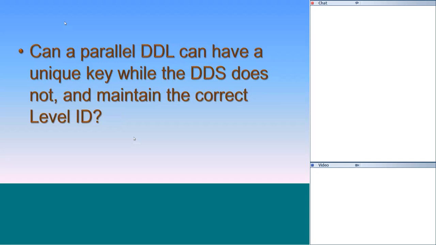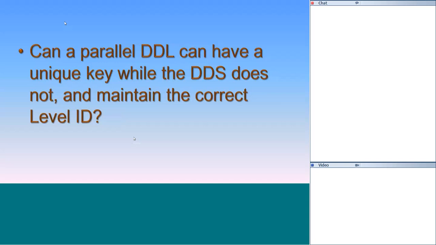I can then change the key and add more fields to the key, and all of those combinations will give me the same level ID. The key has no impact on the level ID. In fact, no primary key constraint, no unique key constraint, no referential constraint or check constraint affects the level ID in any way. The level ID of a file is affected by the following.